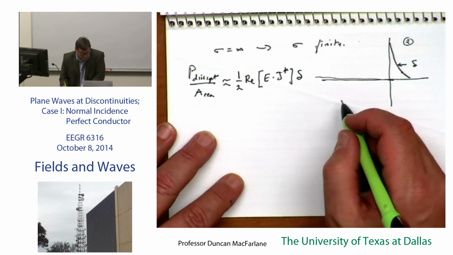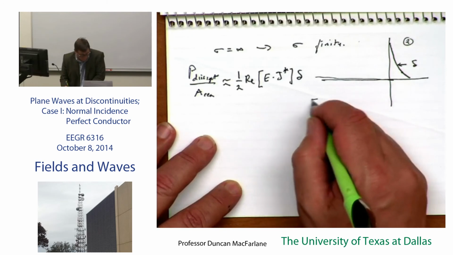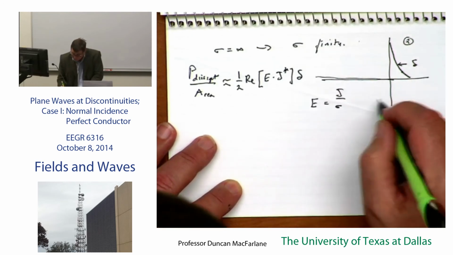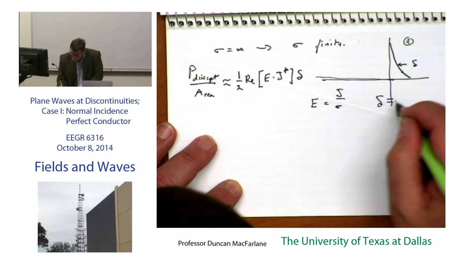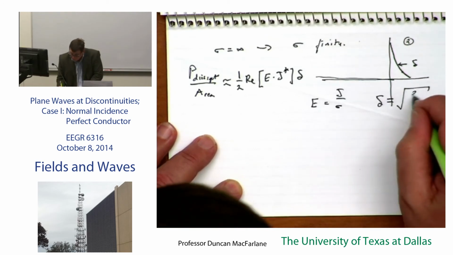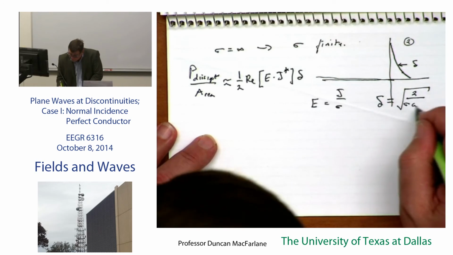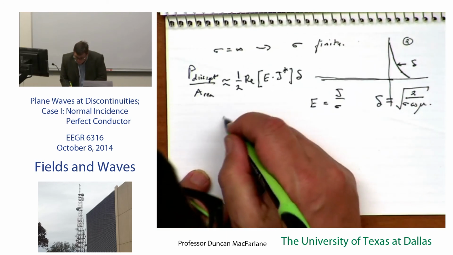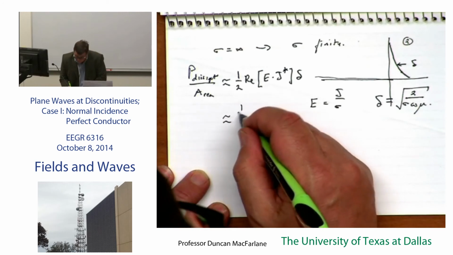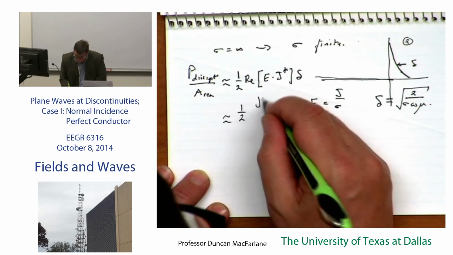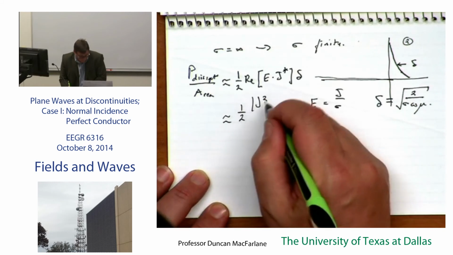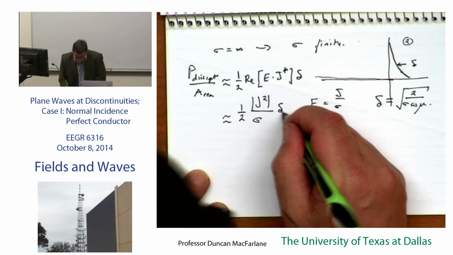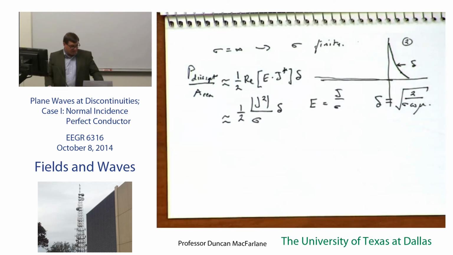The electric field is equal to J over sigma, and the skin depth delta is the square root of 2 over sigma omega mu. So the dissipated power is 1/2 J squared over the conductivity times delta.